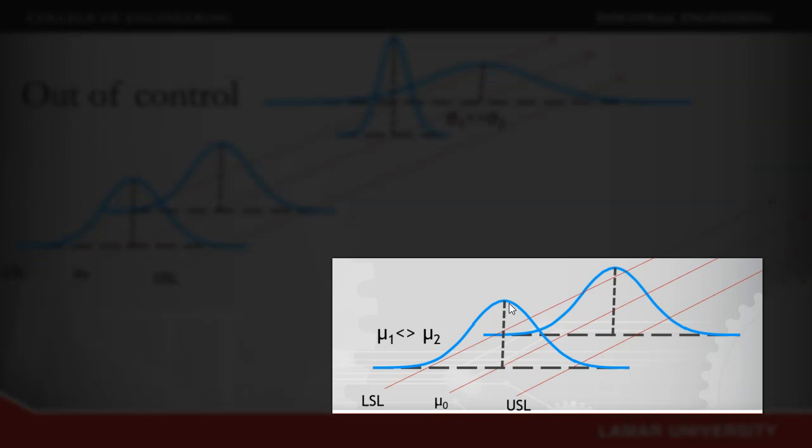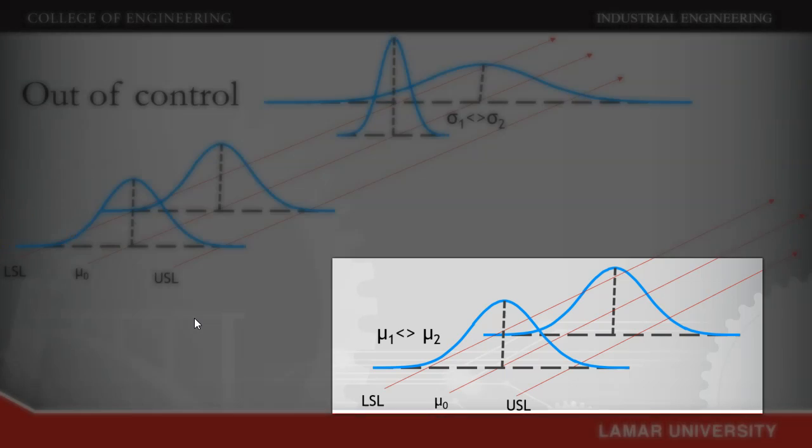Here at the bottom right, you see a situation in which the distribution has a shift to the right, and therefore it is out of control. So we want to avoid situations in which either the variability or the mean are changing. Those are situations in which the process or the product is not in control.